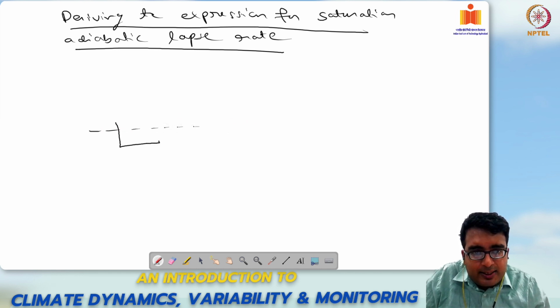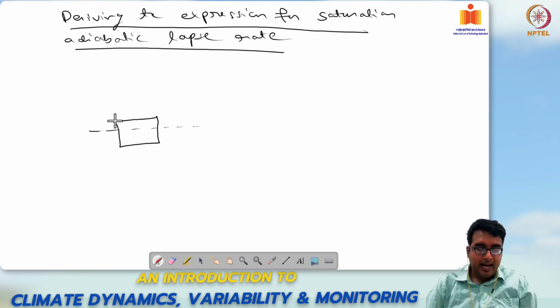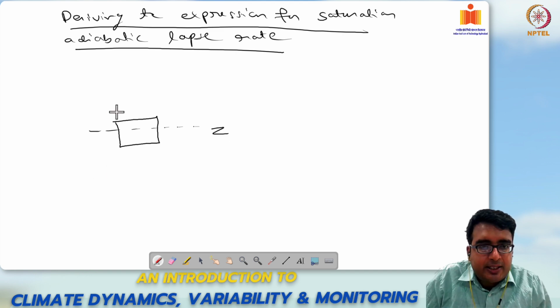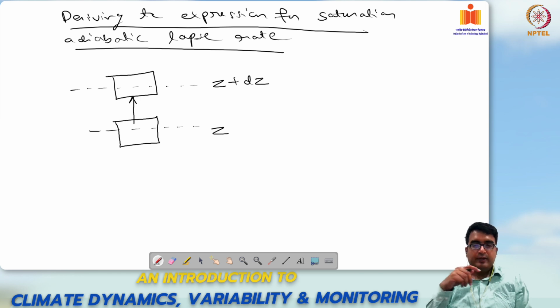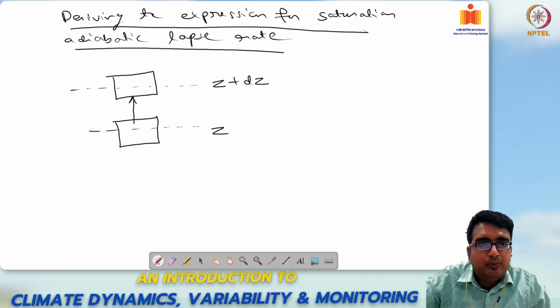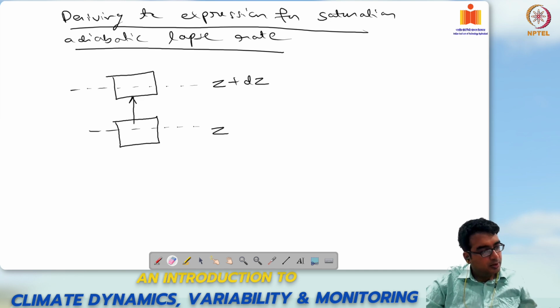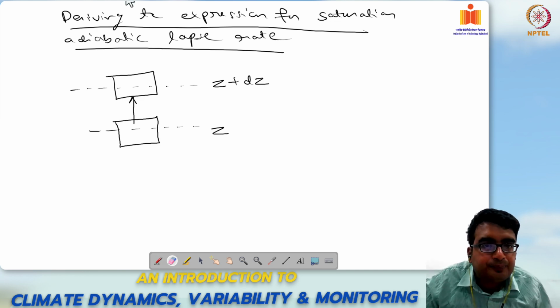We have a saturated parcel of air at a location Z. This parcel of air rises adiabatically to another location just a little bit above this, which is at Z plus dz. Very simple, Z plus dz. Let's just do dz.